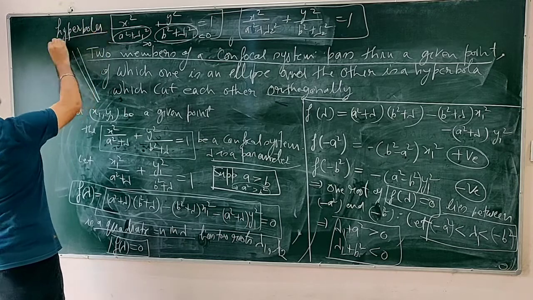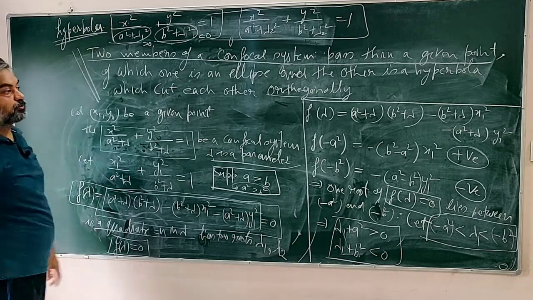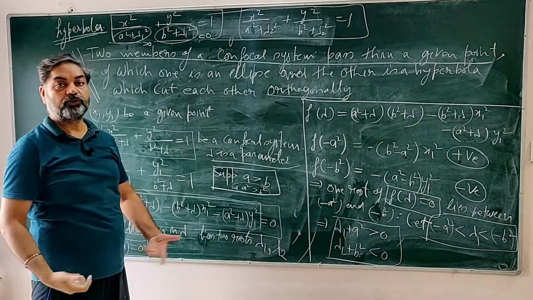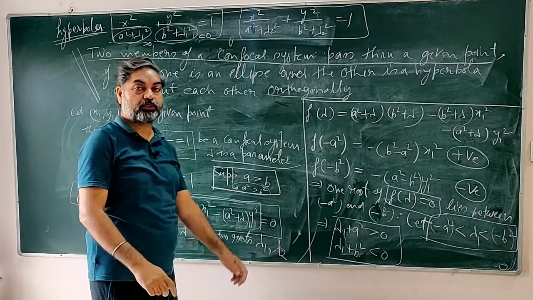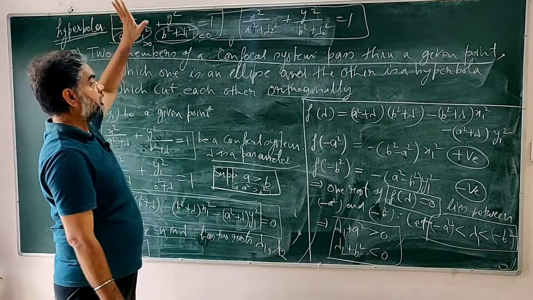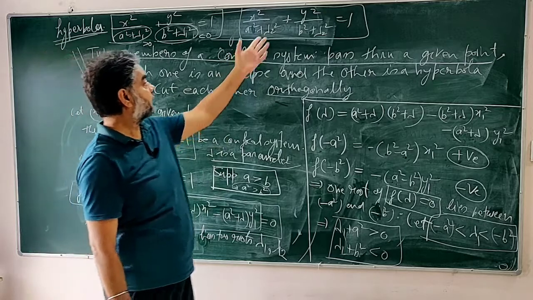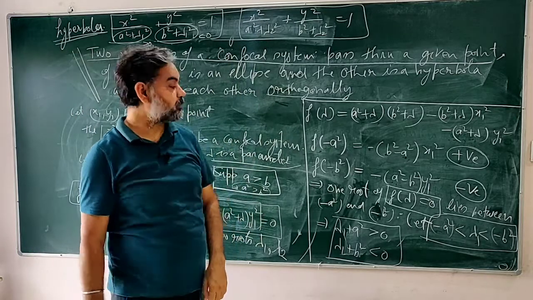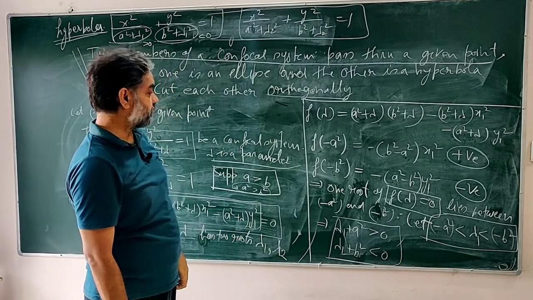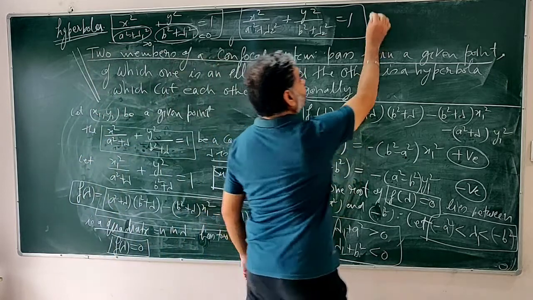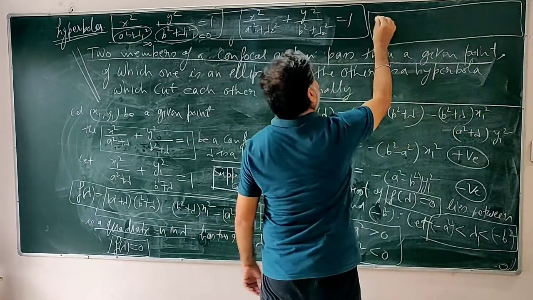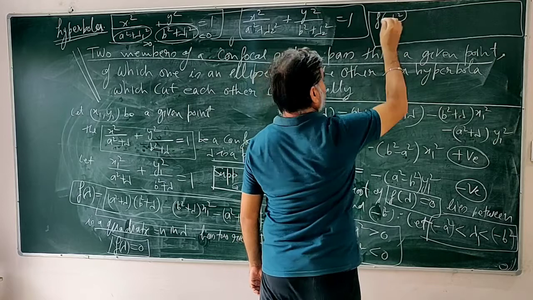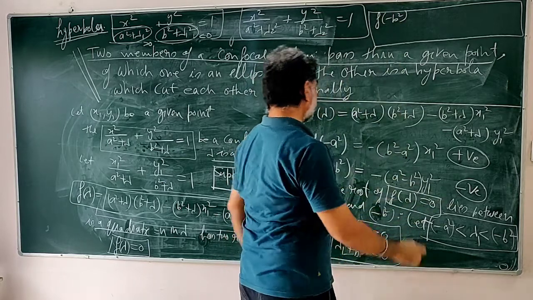So one of the confocal conics which passes through x1 and y1 is a hyperbola. We have shown that two confocal conics pass through the point x1 and y1. One of them is a hyperbola, and the other confocal conic we will show is an ellipse. How do we show that? You see that f of minus b square, we have observed, is negative.